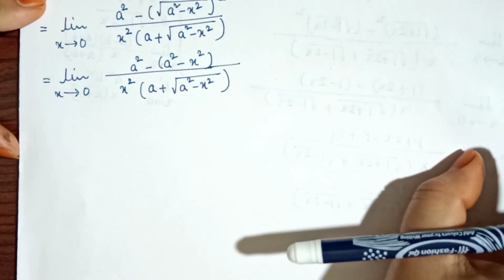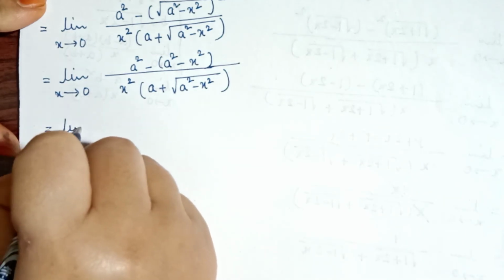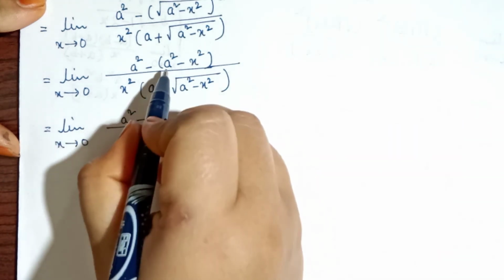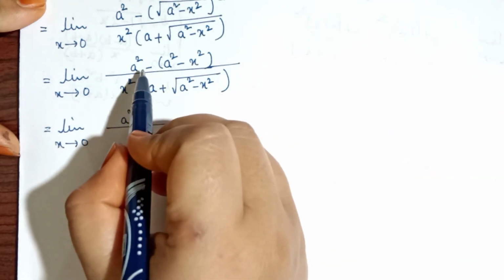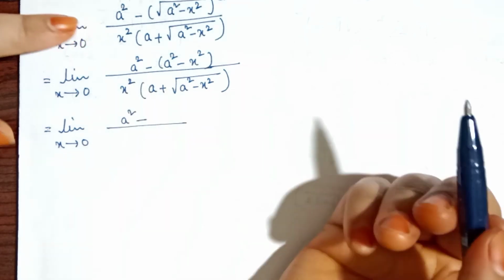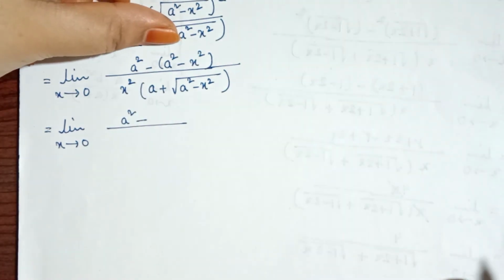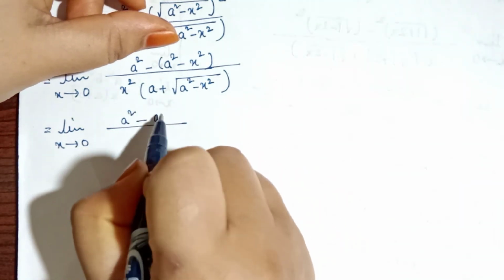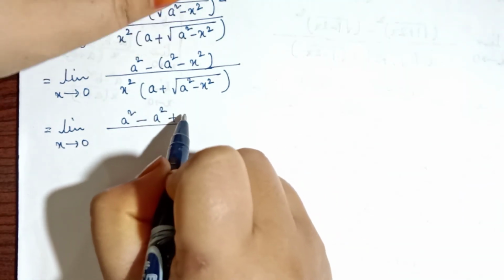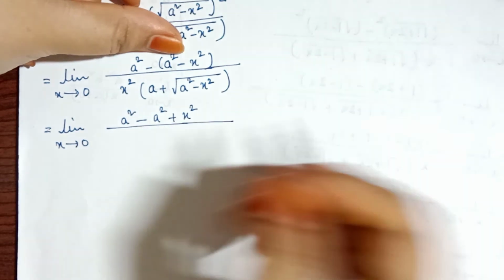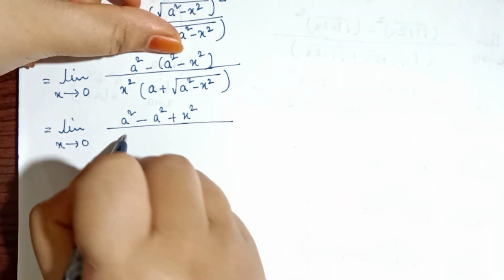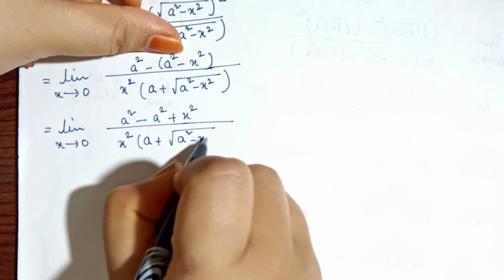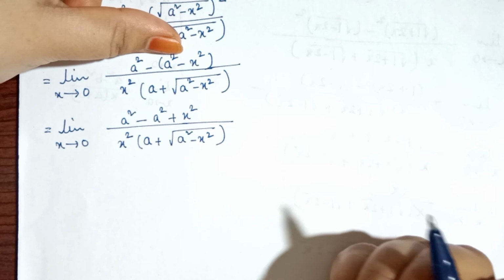Okay, now x tends to 0, this is a square. Since there is a minus sign before the bracket, if we remove the bracket, the values become a square, this is minus minus plus x square, and the denominator value is x square into a plus root over a square minus x square.